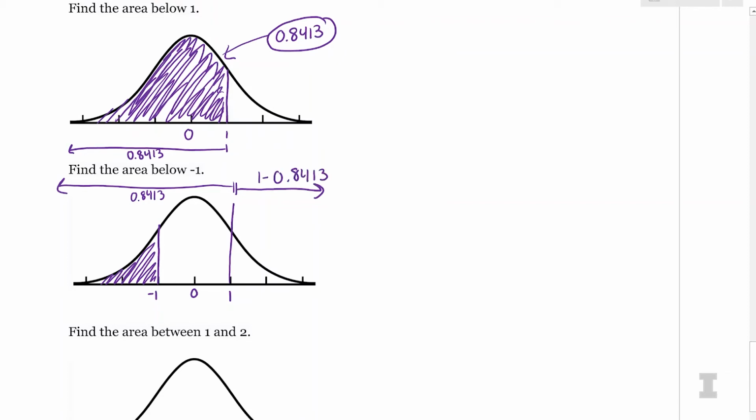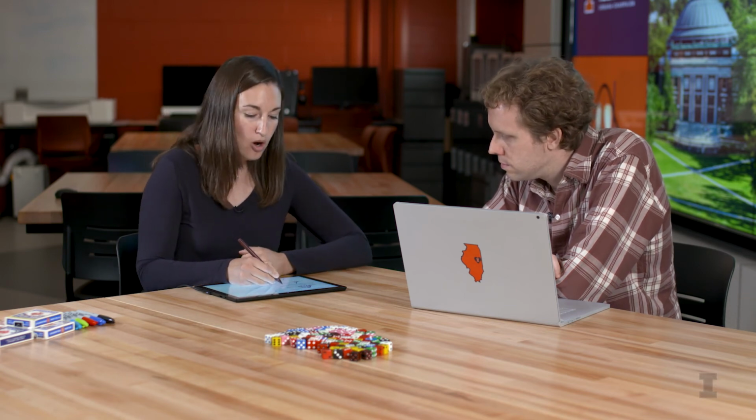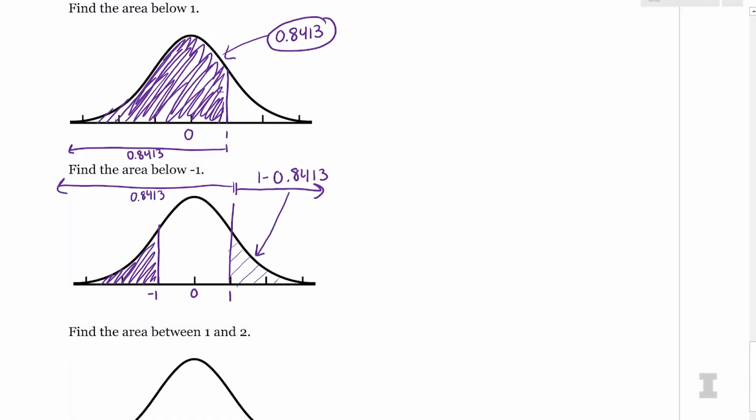And since it's symmetrical, these two, we call them tails, are always going to be equal. A lot of times in statistics, you'll see the normal curve divided into a middle area, between the negative and positive z-score, and two tails. So I know that this tail is going to be 1 minus 0.8413, and because the normal curve is symmetrical, that's going to be the exact answer of the tail that I want.